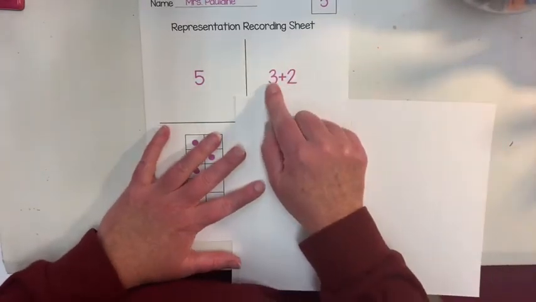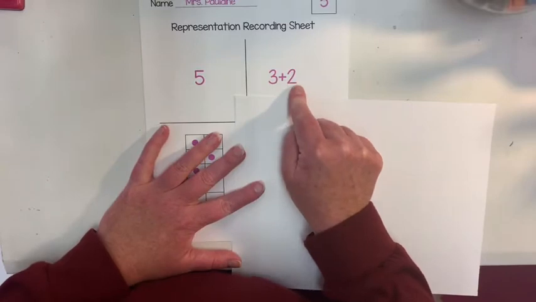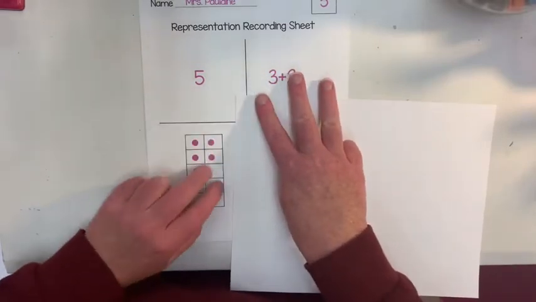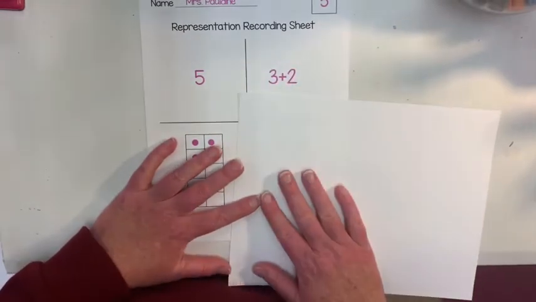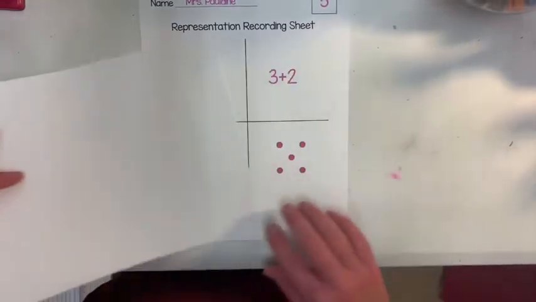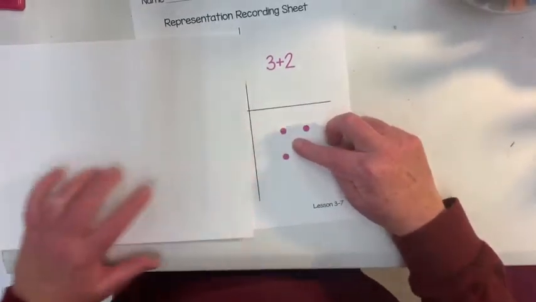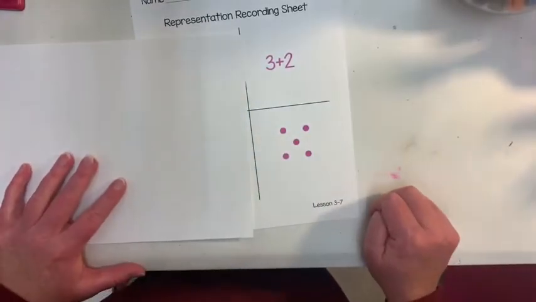We could show the problem like 3 plus 2. That shows 5. 3 and 2. That shows 5. I can do a dot pattern. The 4 corners and 1 more, that shows 5.